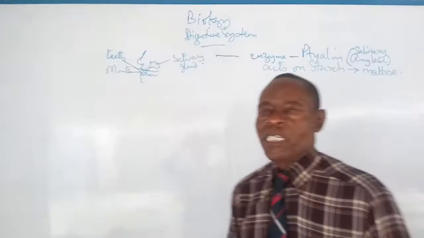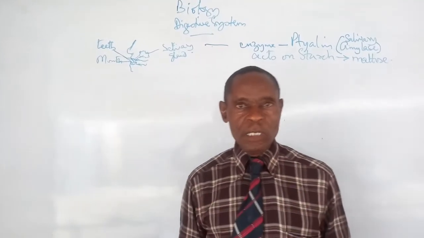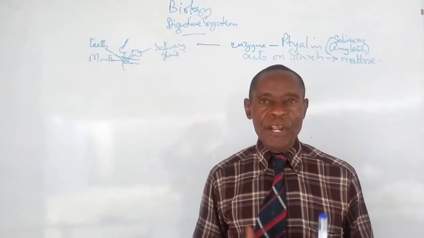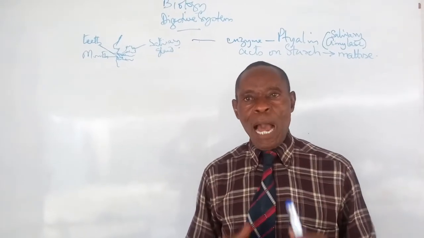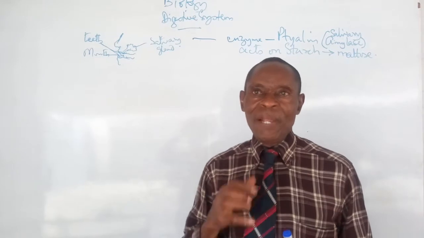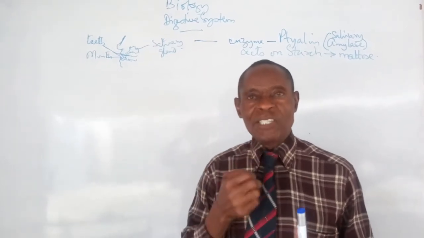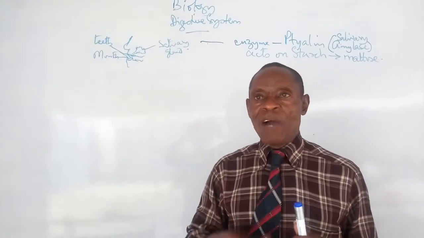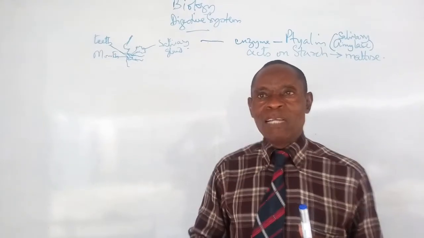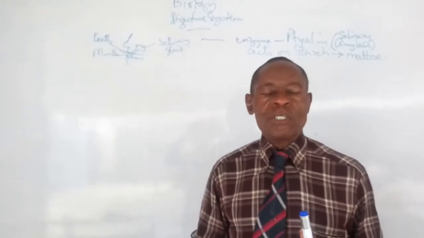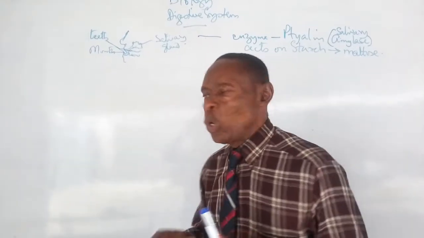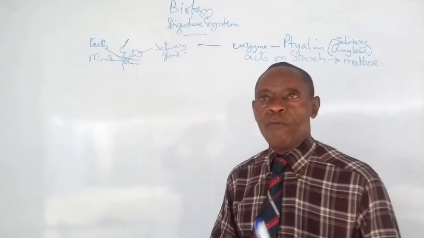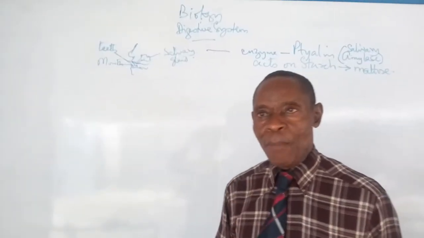So if you ate any carbohydrate food this morning, like gari, rice, and so on, as you were chewing the rice in your mouth, the ptyalin in the saliva mixes with it and acts on the starch and changes it into maltose, and that begins the digestion of starch or carbohydrate in the mouth.